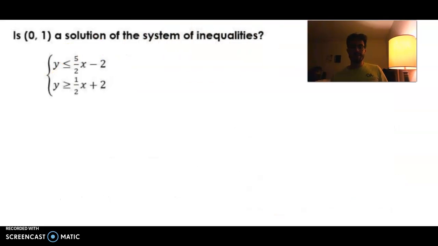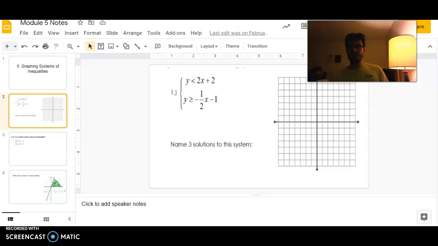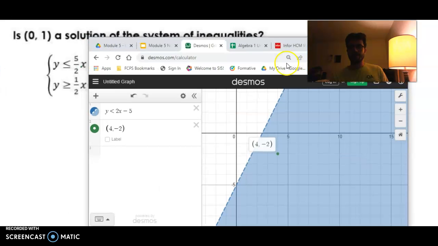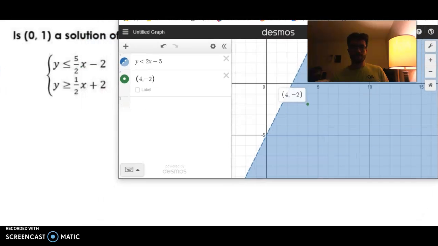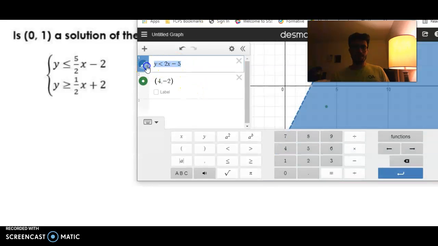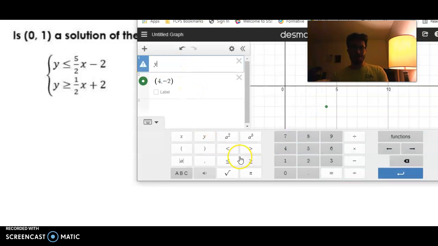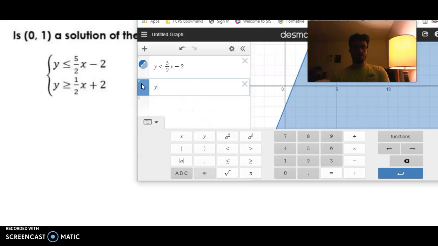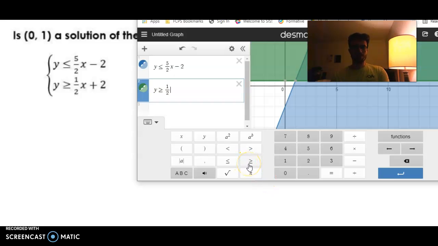Now this is asking us to check if this point is a solution. Well, I'm just gonna use Desmos in this situation because it's a tool that I have. So let's see. I'm gonna put my inequalities in. Y is less than or equal to 5/2 x minus 2. This is y is greater than or equal to 1/2 x plus 2.